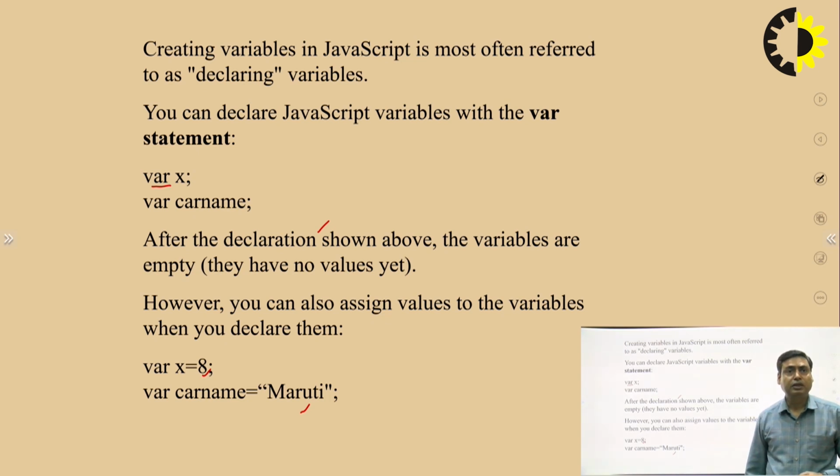This way, you can understand it is a scripting language, a lightweight programming language. Just give the value and the type of the variable will be according to the value you have given. So two variables are defined. The x has the value of 8, so x is by default an integer, and carname is of type string.